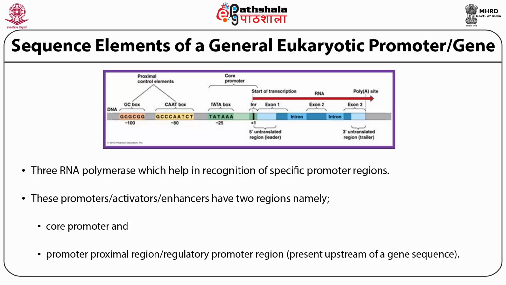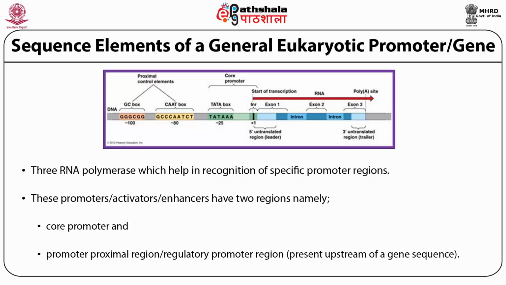Example, CAAT box sequence: 5'-GGCCAATCT-3'.